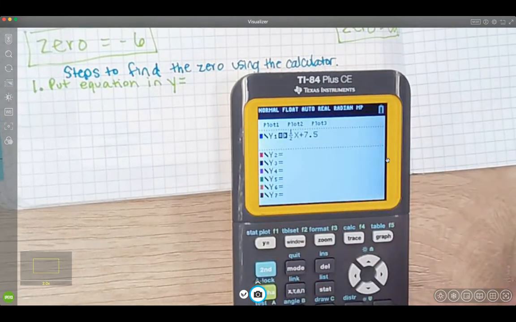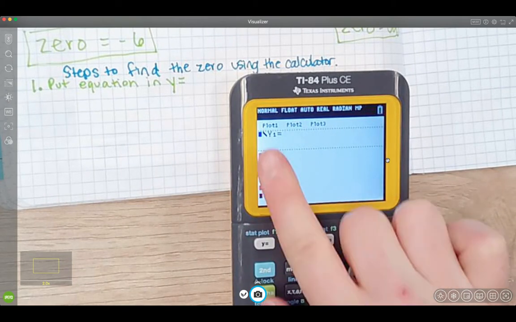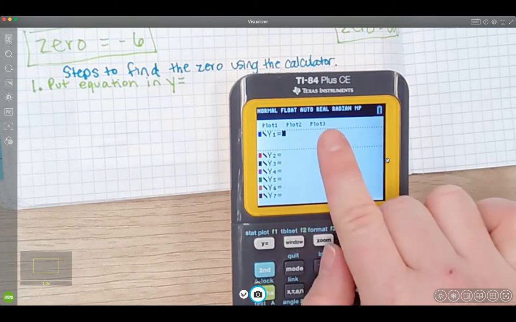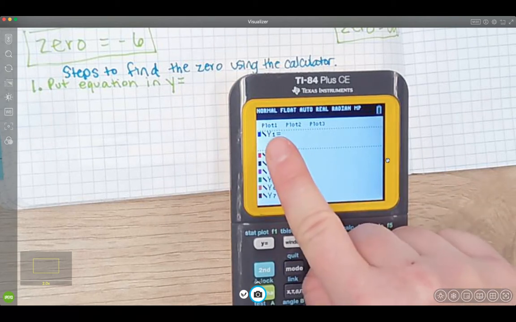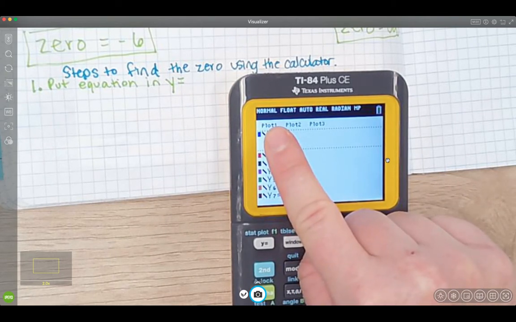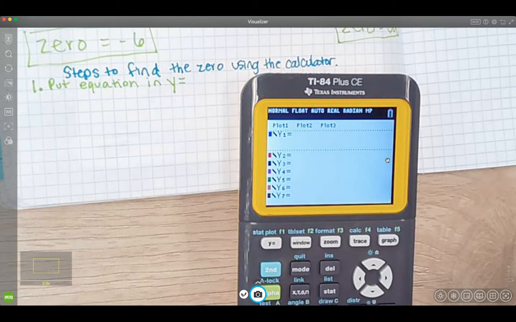So everybody go to y equals. Clear out what's in there. And make sure your plot 1, 2, and 3 are not highlighted or shaded. Is your plot 1 darkened or is it just like mine? Okay.